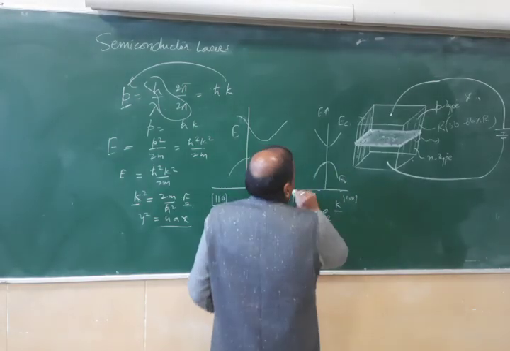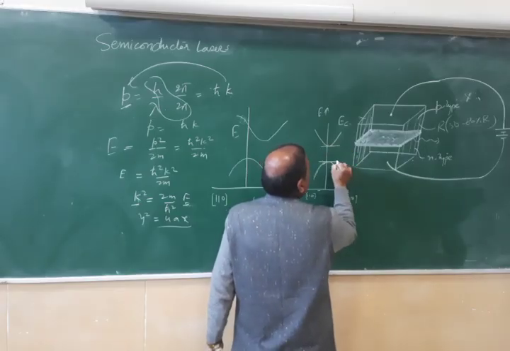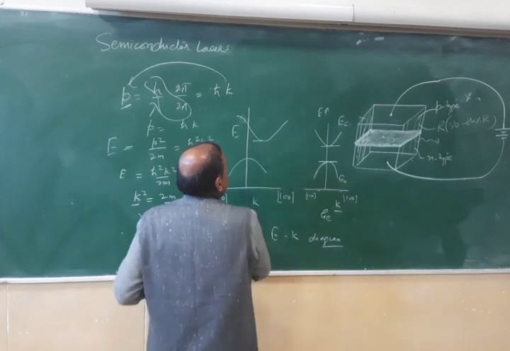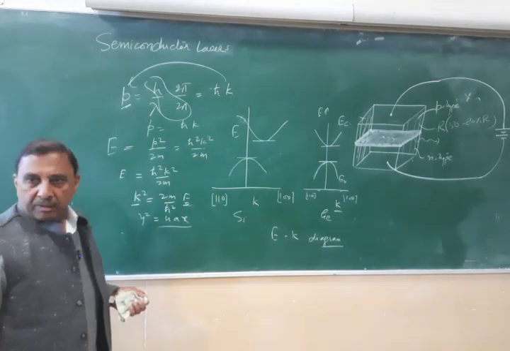Okay. So here is the minima of the conduction band, maxima of the valence band. Here is the minima of the conduction band and maxima of the valence band. Okay.